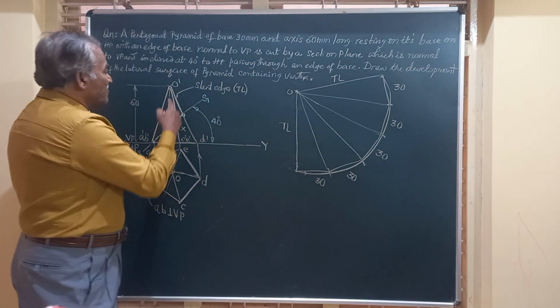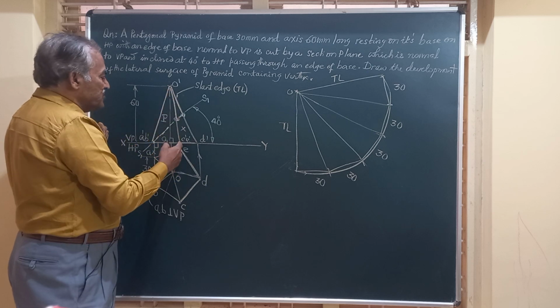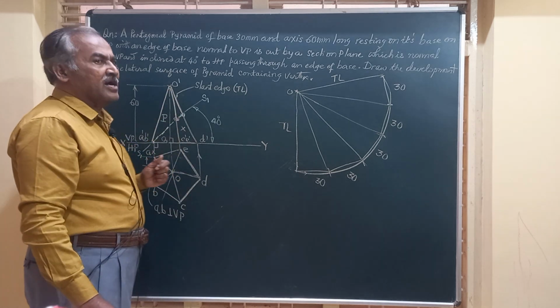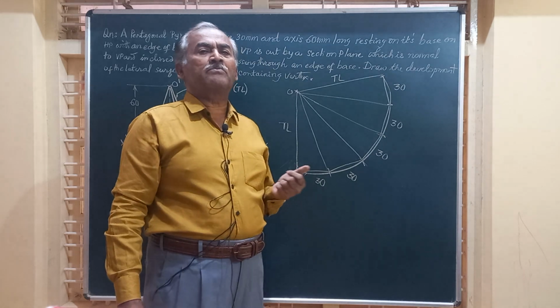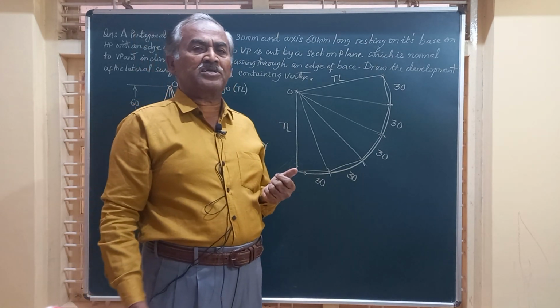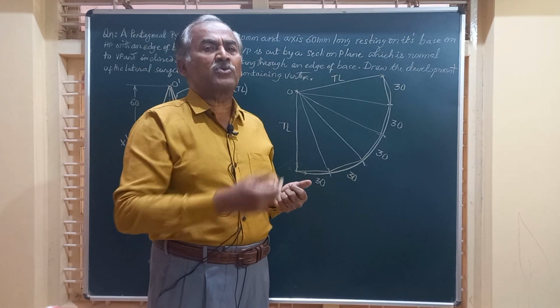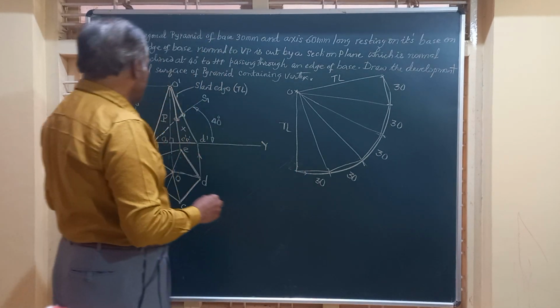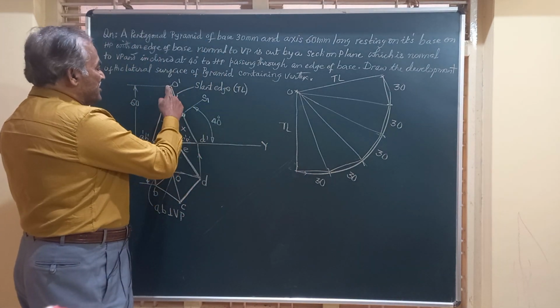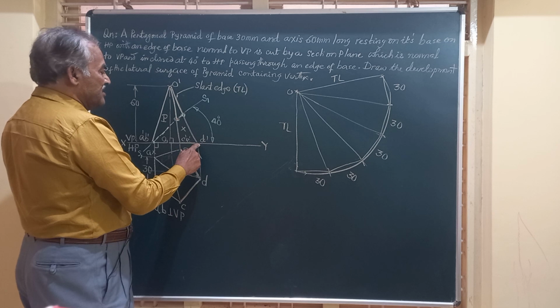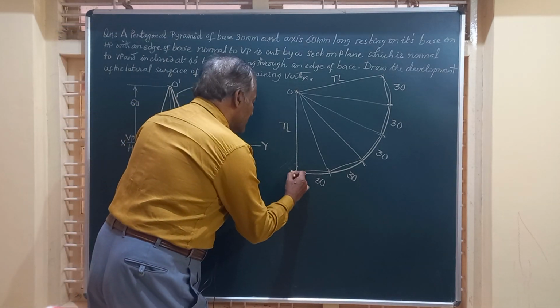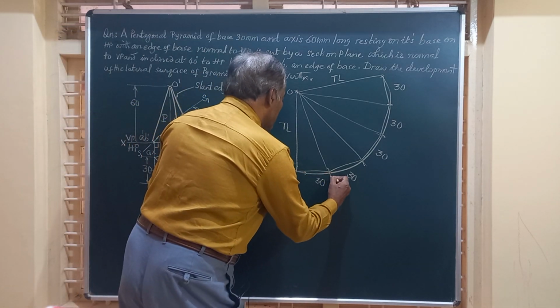Only a part of OD, part of OC, OE is removed. And hence, in the development, we have the provision to start from any one of these edges. So friends, let me say I am starting with this OD. So D will come here, then E.